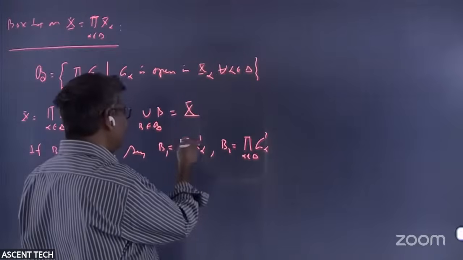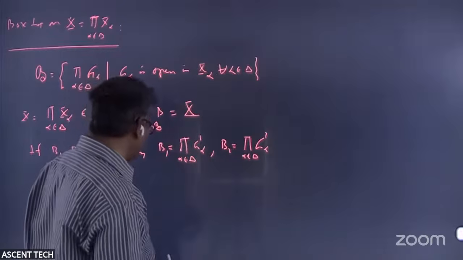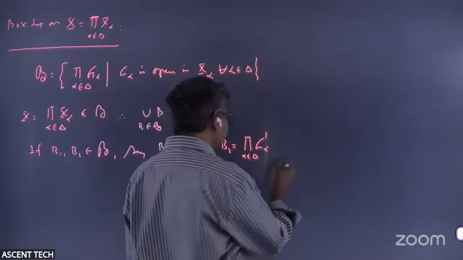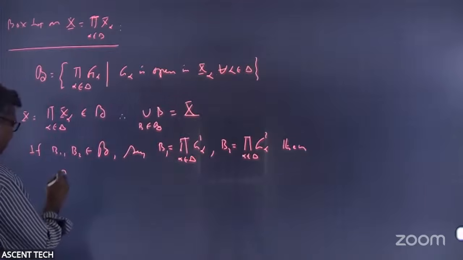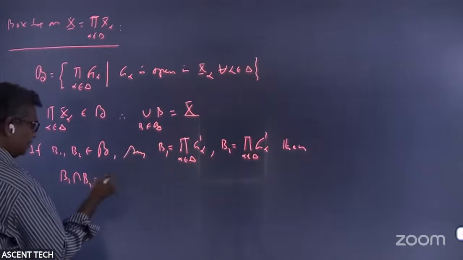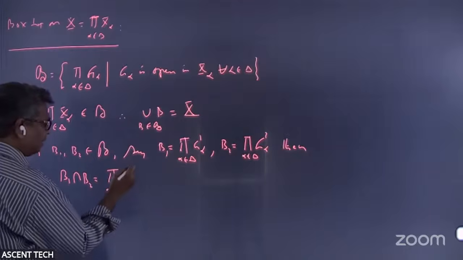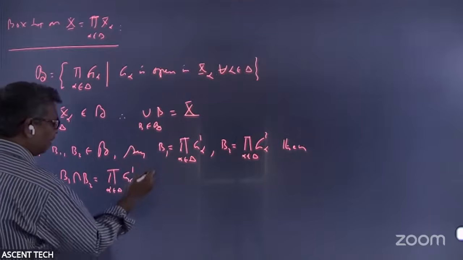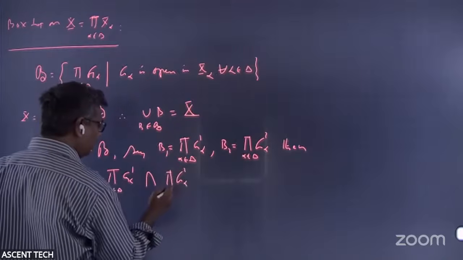If I take them, then it is easy to see that B1 intersection B2, to start with, is really the product over alpha in delta of G1 alpha intersection G2 alpha.